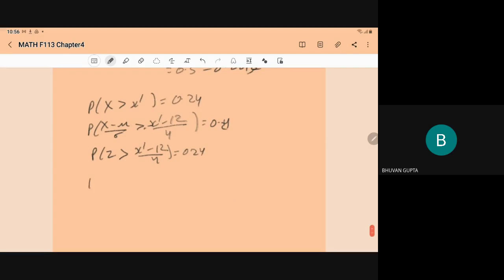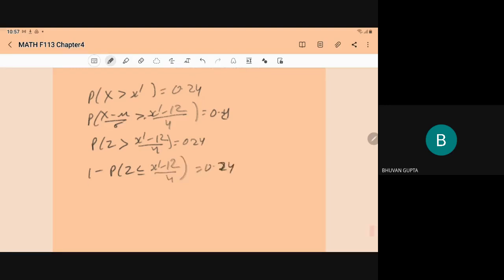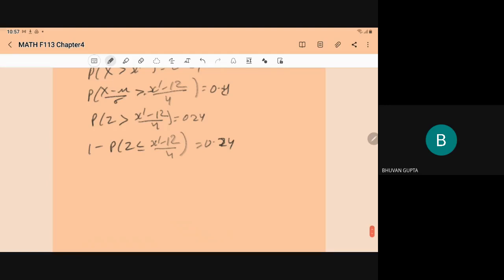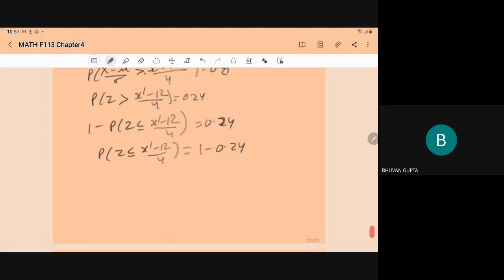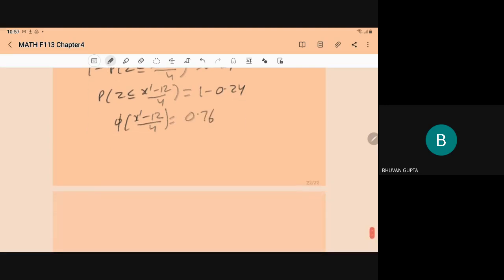This can be written as 1 minus probability Z less than or equal to (x dash minus 12) upon 4 is equal to 0.24. So probability Z less than or equal to (x dash minus 12) upon 4 is 1 minus 0.24, or phi of (x dash minus 12) upon 4 is equal to 0.76.